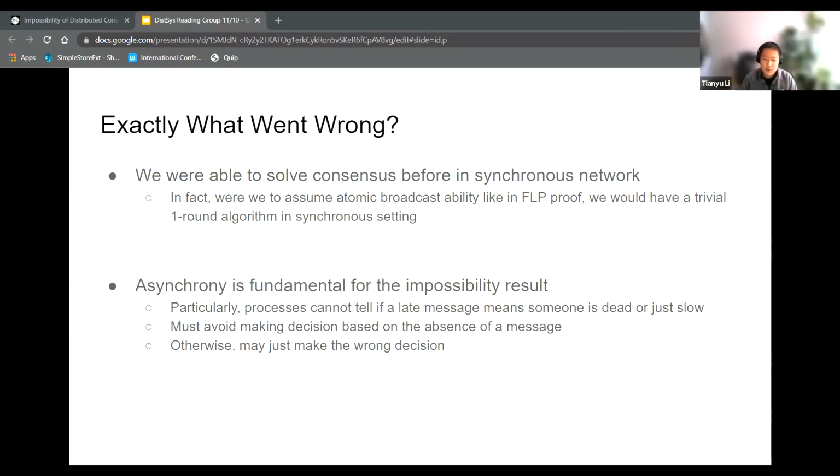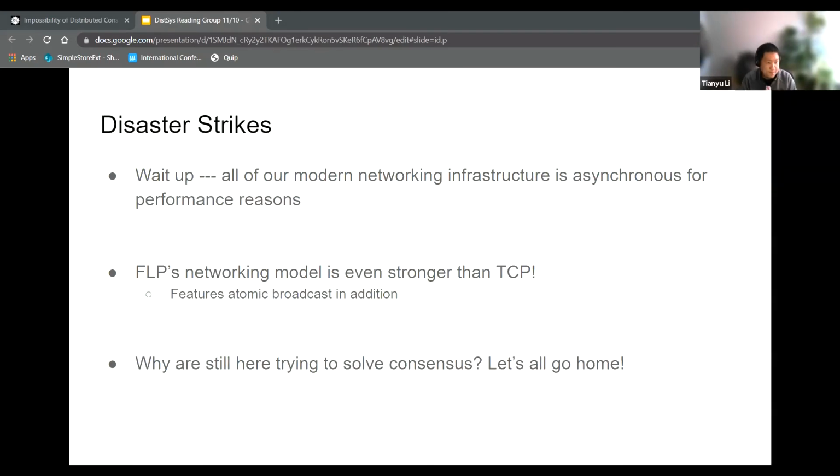Because if you do that, chances are you're wrong: the rest of the system maybe got some information and will go to a different decision, and you'll be stuck with your wrong choice. That is fundamental to the asynchronous model, because messages can be arbitrarily delayed. You have to make a decision based on the absence of a message, which is unsafe, right?